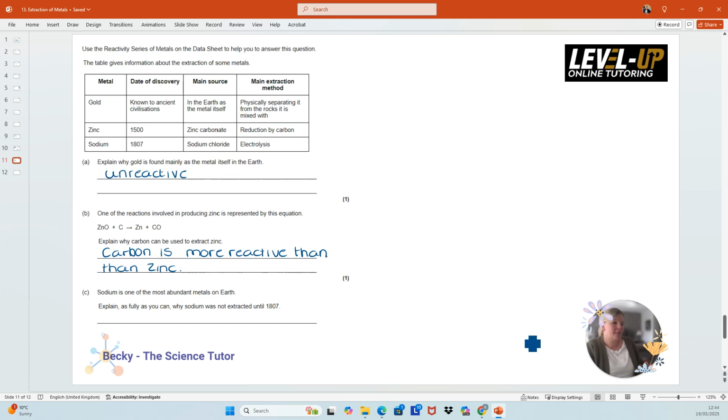So we'll just pop that in as an answer. So we want to say that sodium is very reactive. And then you can say that it needs to be extracted by electrolysis, or we can say that we had to wait for the discovery or the generation of electricity.